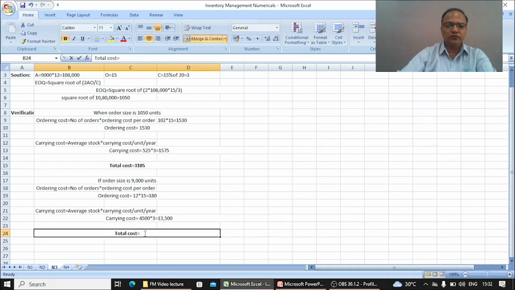So total cost will be 13,500 plus 180, which is equal to 13,680.